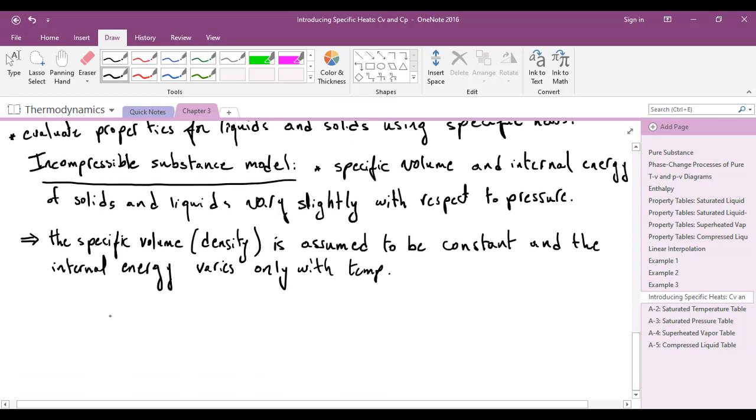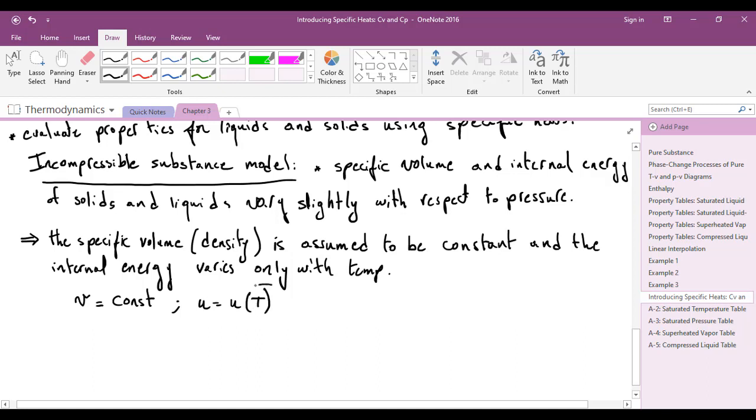So we can summarize this as follows. The specific volume is assumed constant, and the internal energy depends on the temperature only.